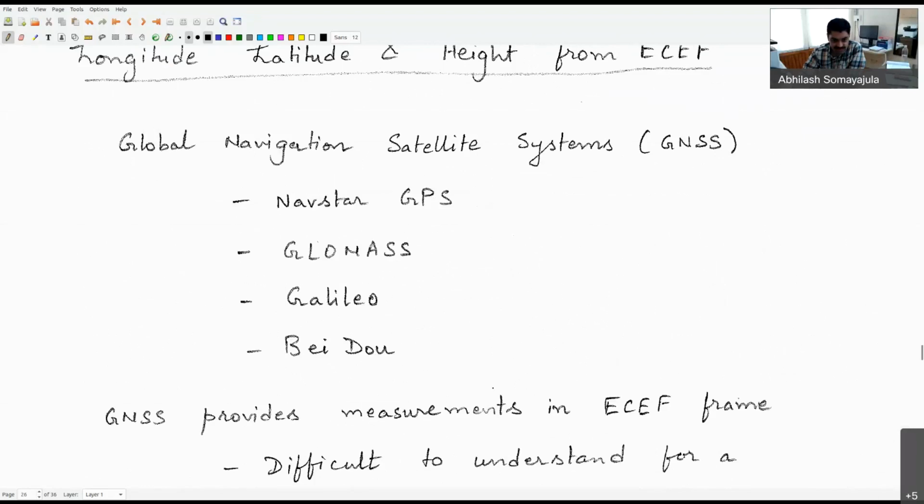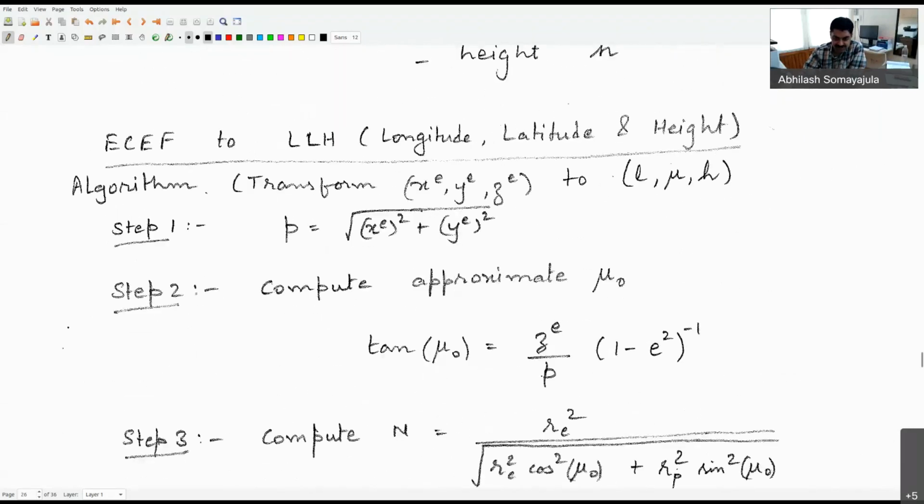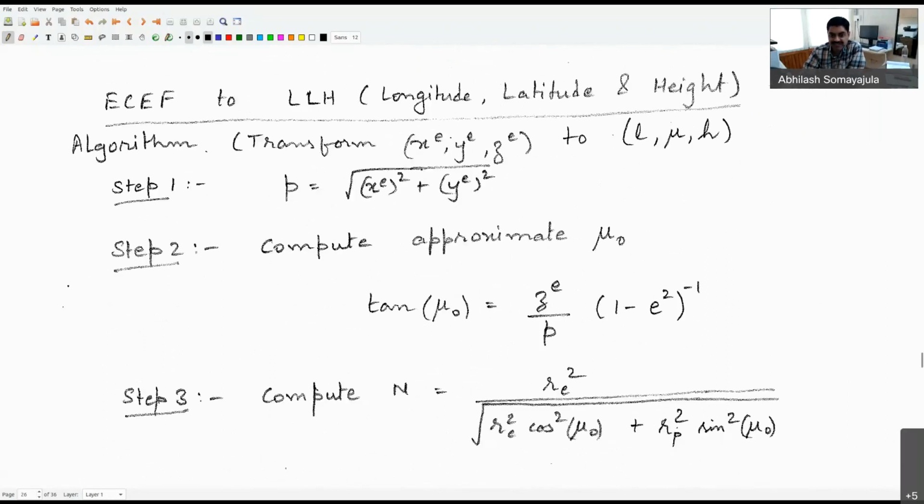Then we discussed the algorithm. We are given the points xe, ye and ze. We start off and compute p, which is the square root of xe squared plus ye squared. From that we get the initial approximation of the latitude, which we call mu 0, where tan of mu 0 is equal to ze by p times the inverse of 1 minus e squared.